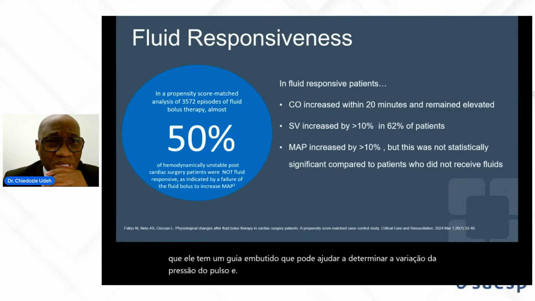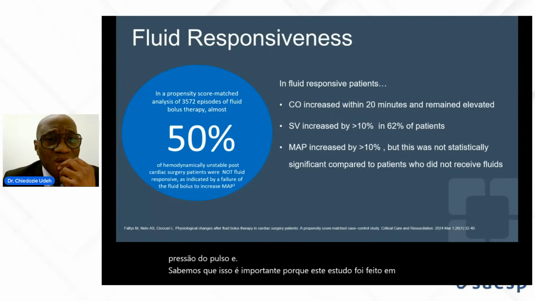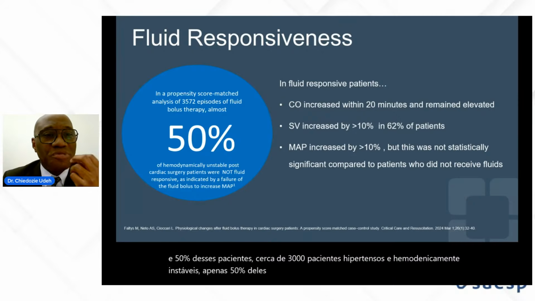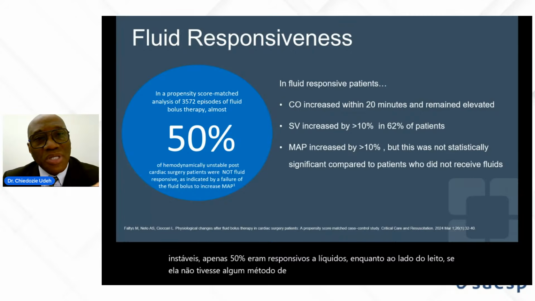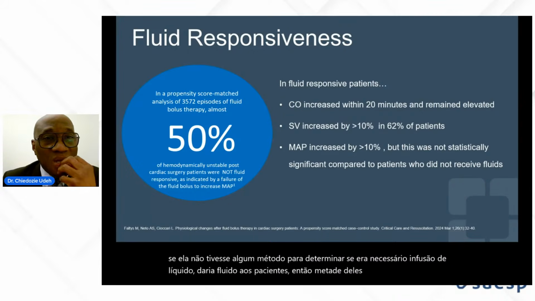And we know this is important because this study was done in cardiac surgery patients, over 3,000 patients who were hypertensive and hemodynamically unstable, and only 50% of them were fluid responsive. Whereas at the bedside, if you didn't have some method of determining whether you needed fluid infusion, you would give these patients fluid. So half of them were getting fluids that they did not need.